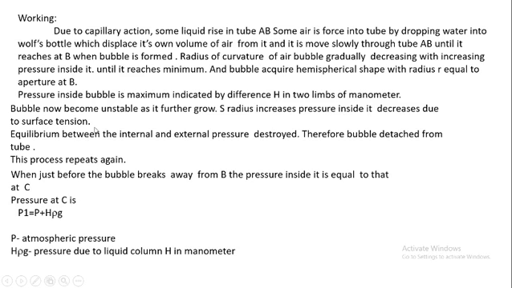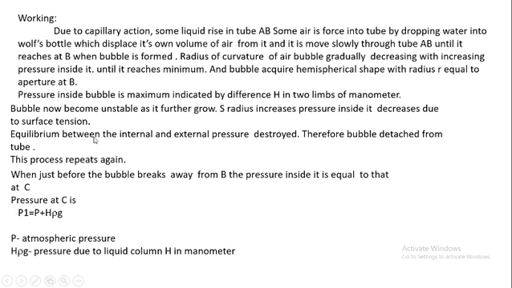Now the bubble becomes unstable when it grows at the end point of the tube. Its radius must be equal to the radius of the capillary tube. Initially it increases as the pressure inside increases due to surface tension.